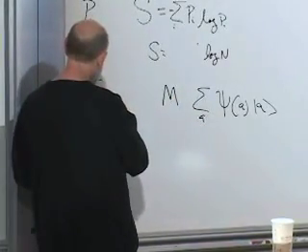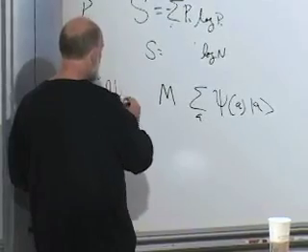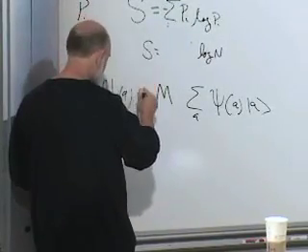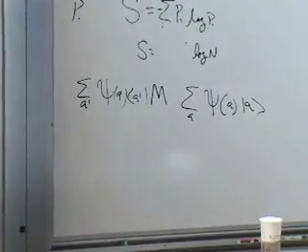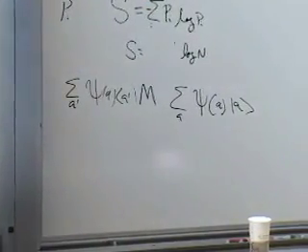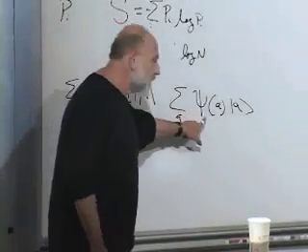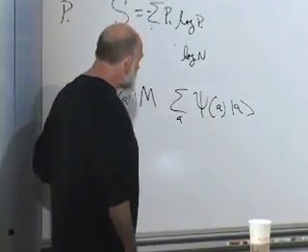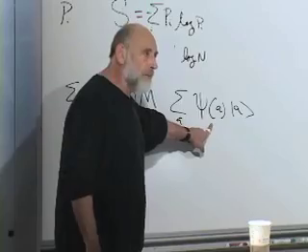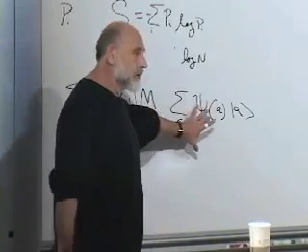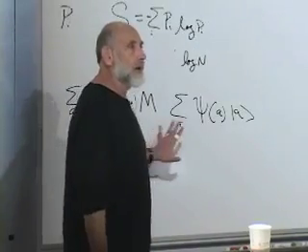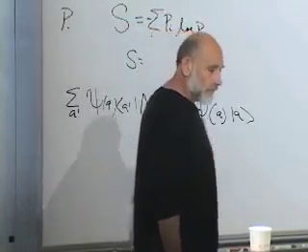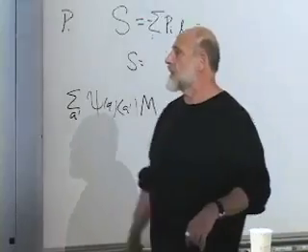That's the sum over A prime of psi of A prime, ⟨A prime|. So in calculating the expectation value, if the vectors on either side are expressed as sums, you have a double sum to do. I've called the left part of the double sum primed and the right part unprimed. So it's the same thing except we have two labels here.